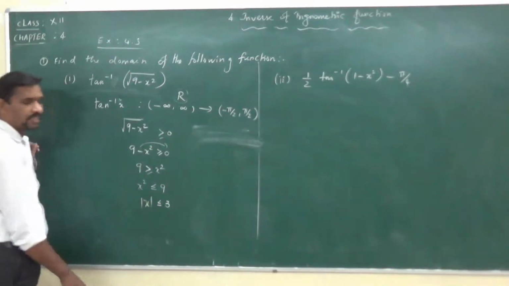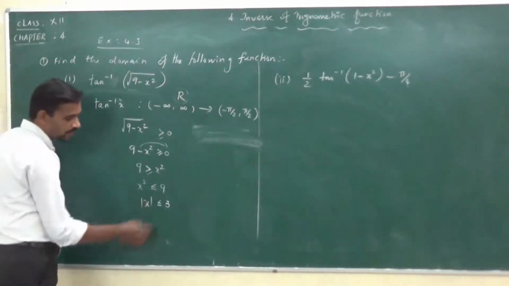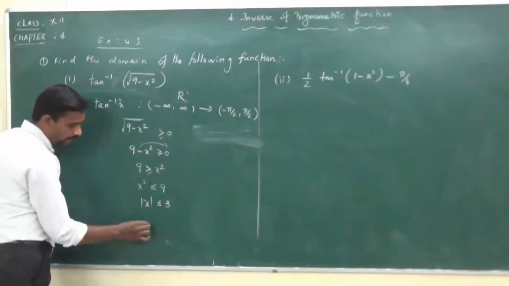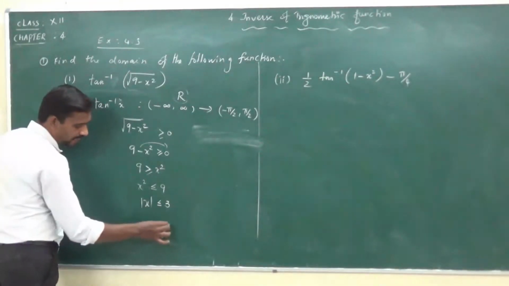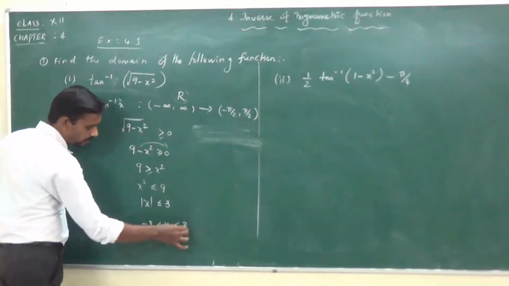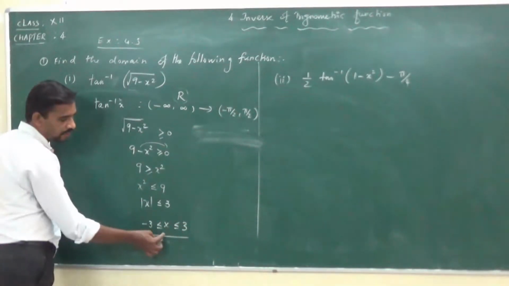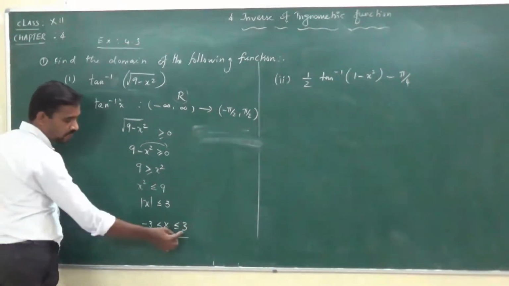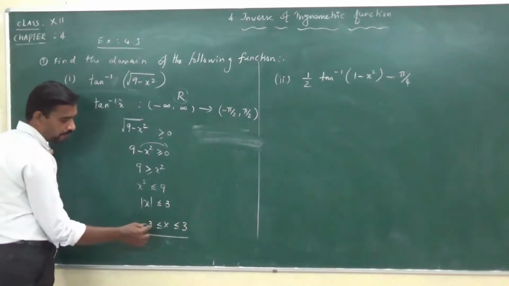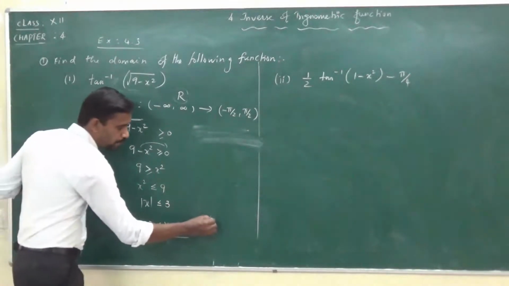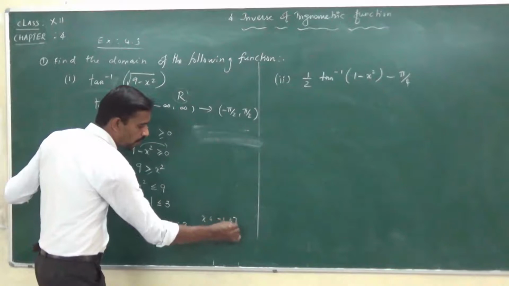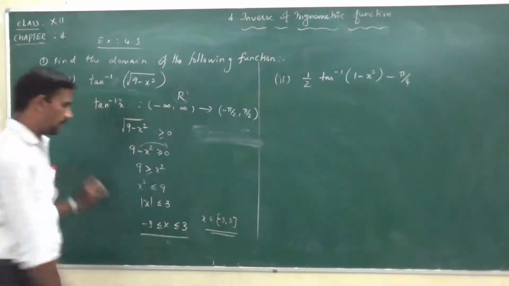That means x varies from minus 3 less than or equal to x less than or equal to 3. That is nothing but x belongs to the closed interval of minus 3 to plus 3.